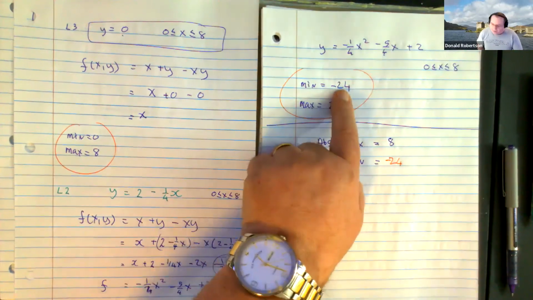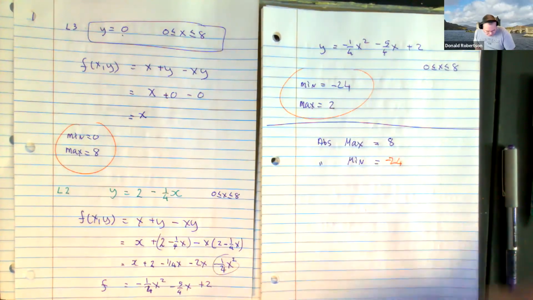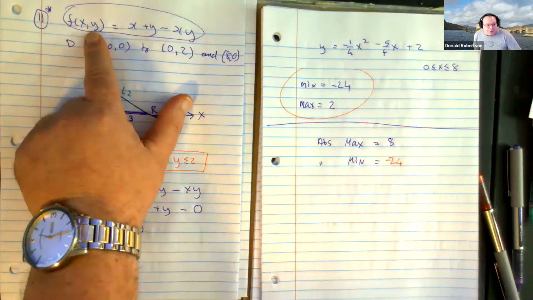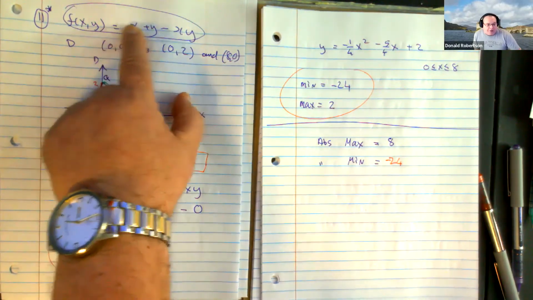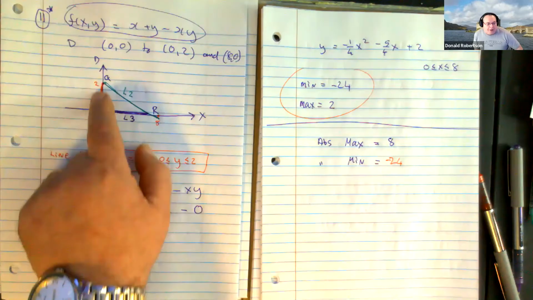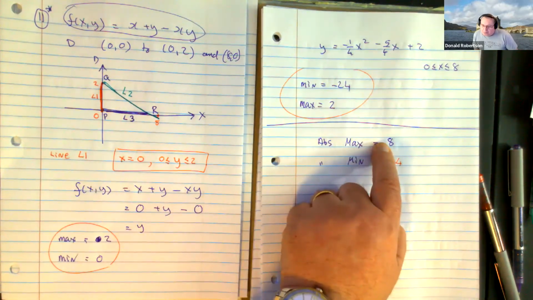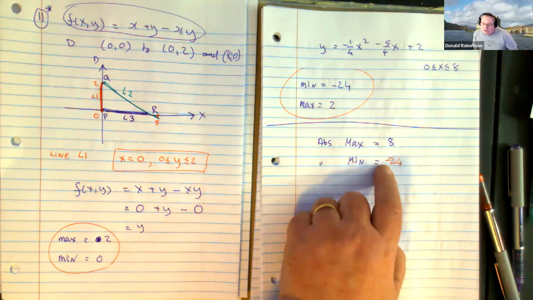The other 2 were zeros. And there you go. The absolute maximum and minimum of this function, if you can only pick points on this triangle, ends up being a maximum of 8 and a minimum of -24.